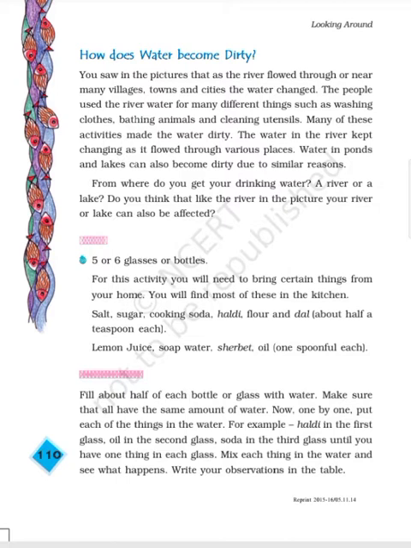Through all these things, water becomes dirty, and the water in the river kept changing as it flowed through various places. Water in ponds and lakes also becomes dirty because of the same reasons.